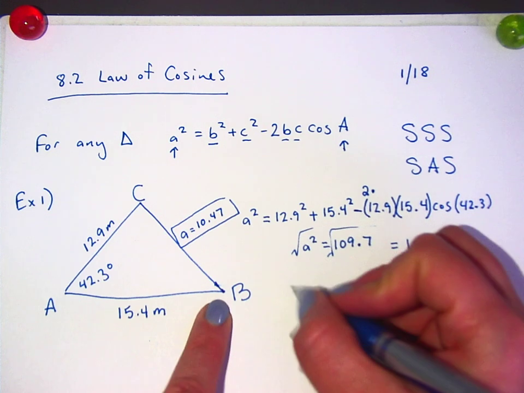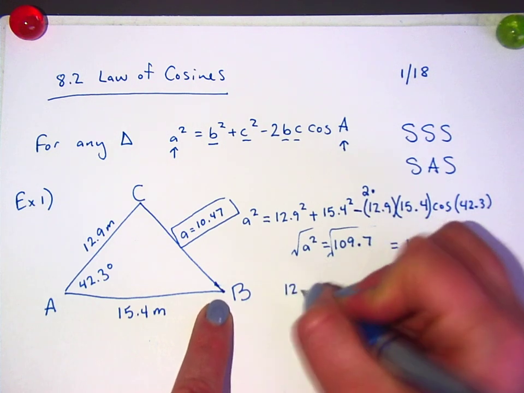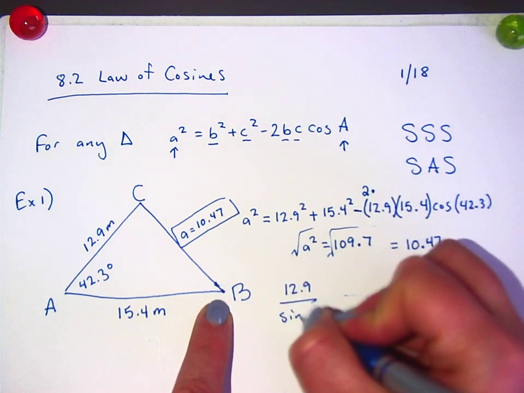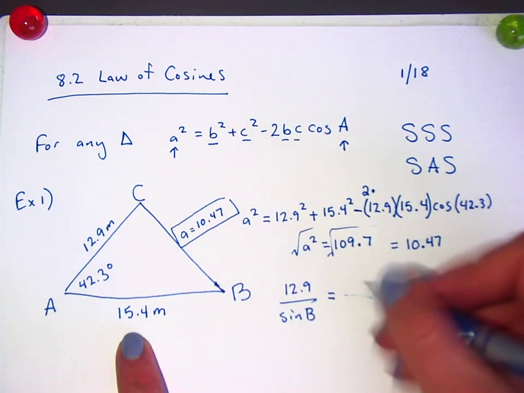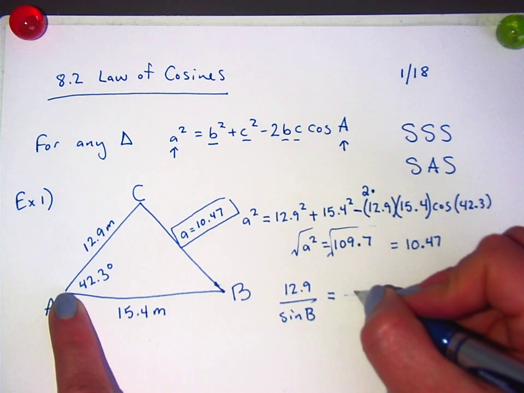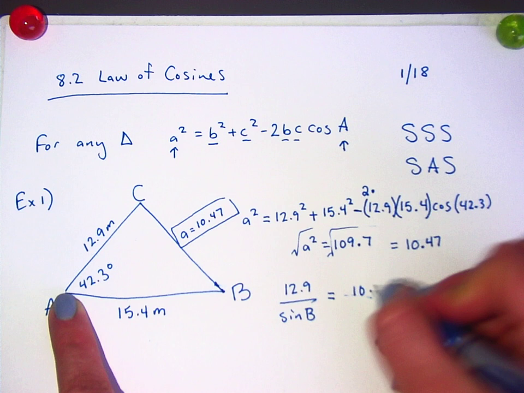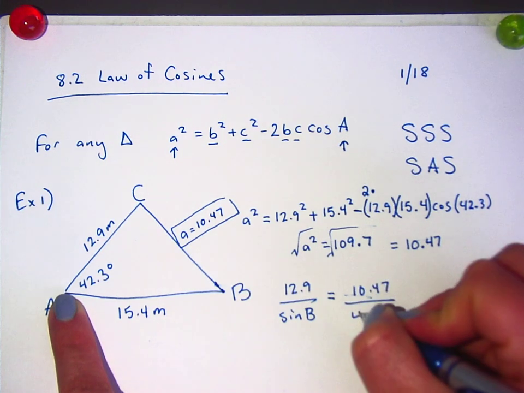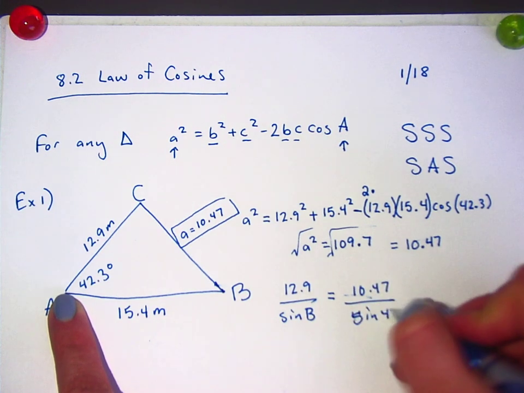So I'm going to do B here, so I'm going to say 12.9 over the sine of B equals 10.47 over the sine of 42.3.